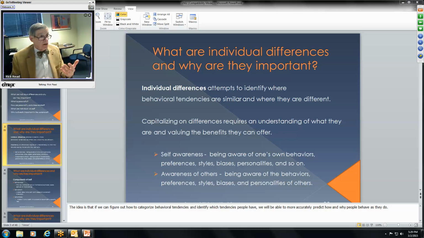And then we have to be aware of others, and the same thing with others: what they prefer, what their biases are, what their styles are, what their personalities are. That's not saying that you have to like that. It's not saying that you have to try to change that, although some people will try to do it.